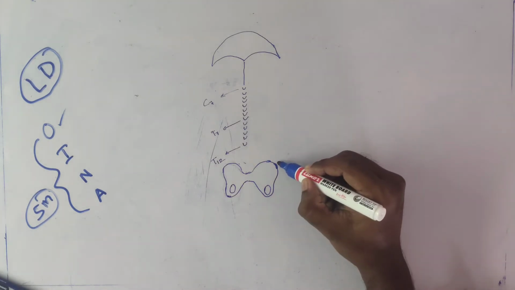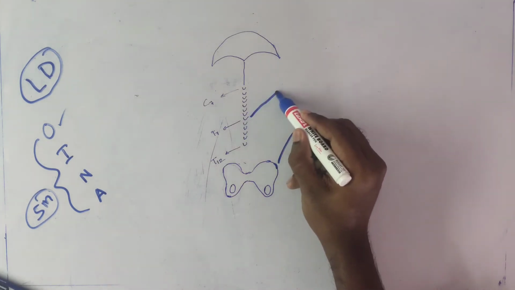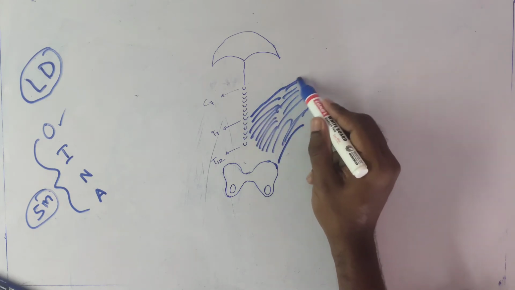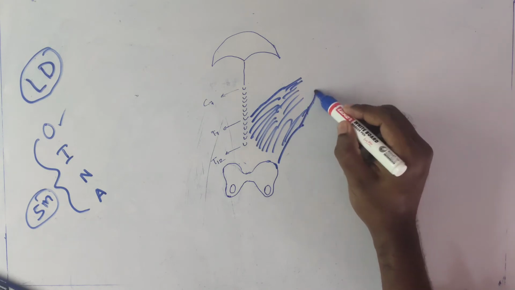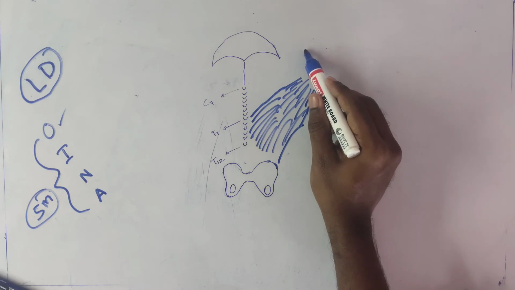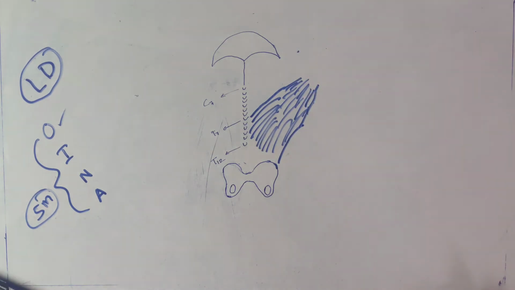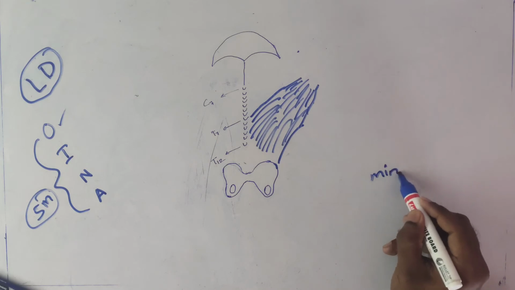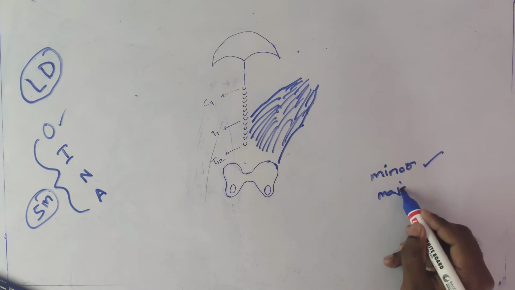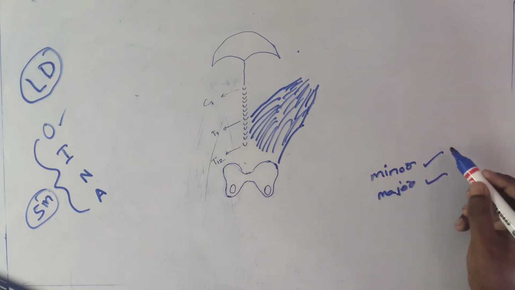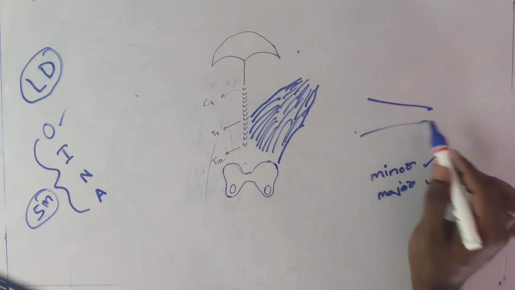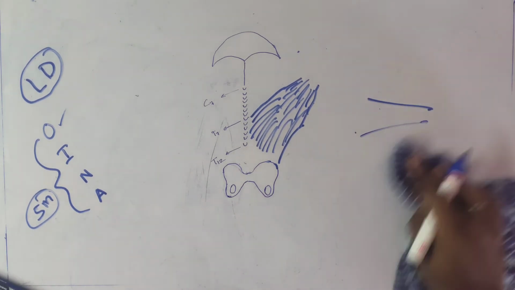Insertion is very simple. The muscle comes from here like this, right? The insertion of this muscle takes place at only one place, at the upper side. Teres minor is present at the upper side and teres major is present at the lower side.